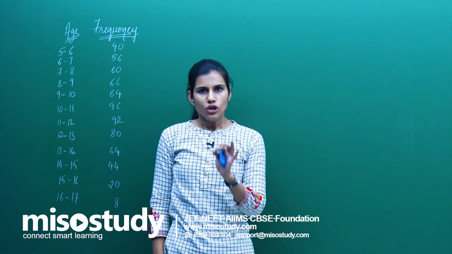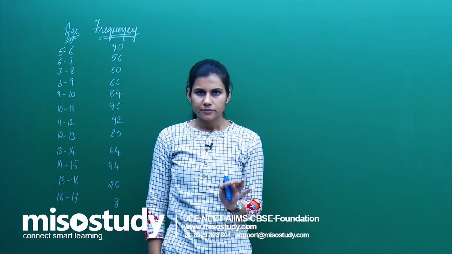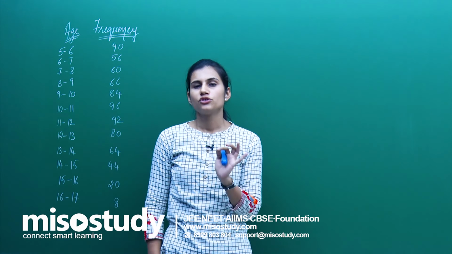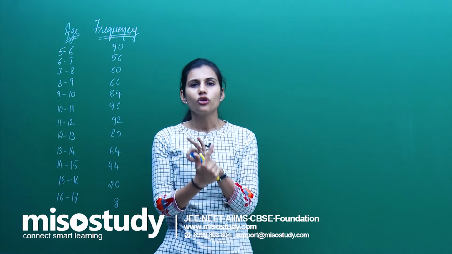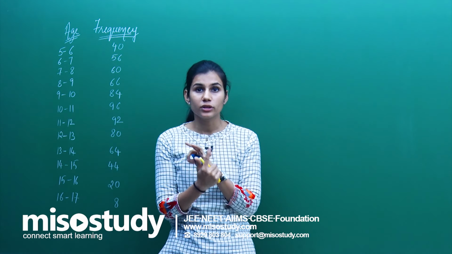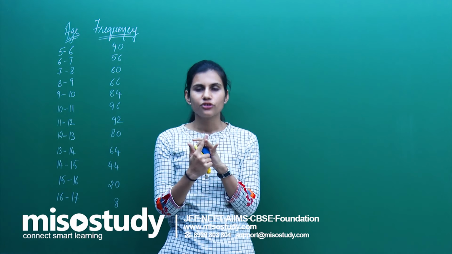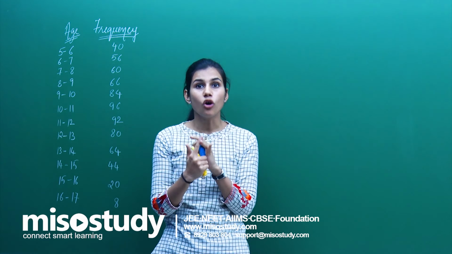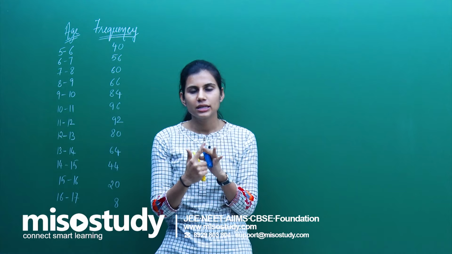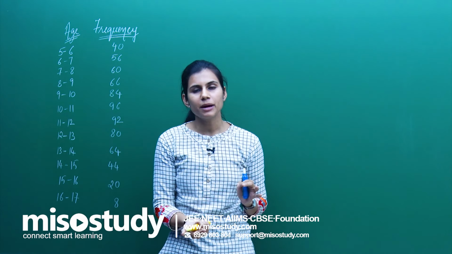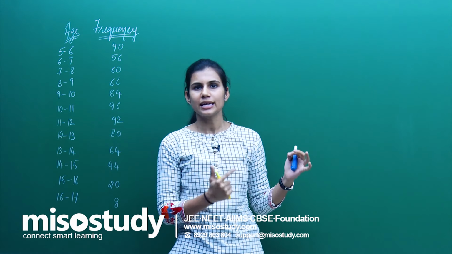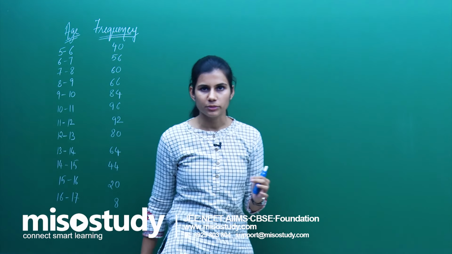You are asked to do 3 things. One, draw the cumulative frequency polygon for the less than type. Next, draw the cumulative frequency curve, that is the ogive, for the less than type. Third, compute the median. With the help of one ogive, I know how to get the median by my algorithm, so I will perform the exact same steps here and get to the median.